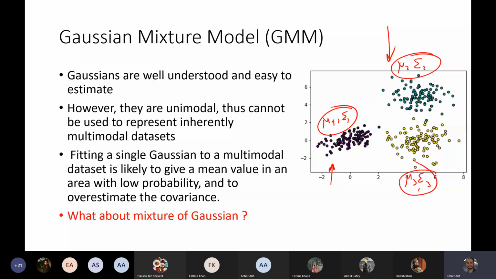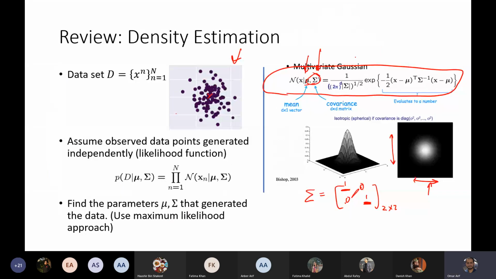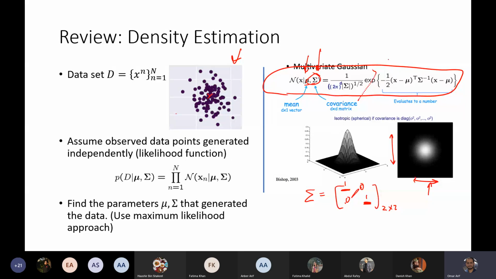The first thing is that we now need to define our probability. In a single cluster case, the probability was defined by this equation over here. Probability of x equals this, or let me write it over here.